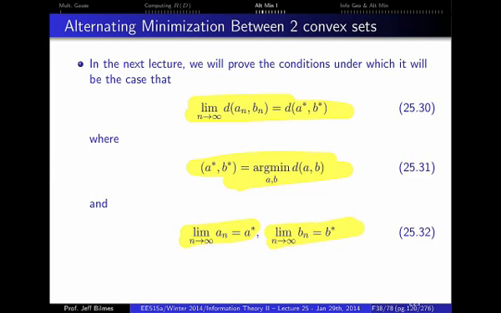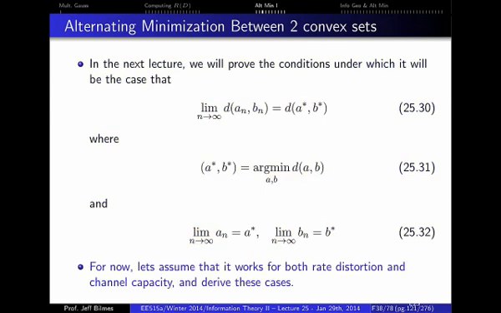And as you will see, these a n's and b n's are obtained via the alternating minimization process. What I'm hoping we can do maybe a little bit today is map the rate distortion and also the channel capacity finding problem into this paradigm.